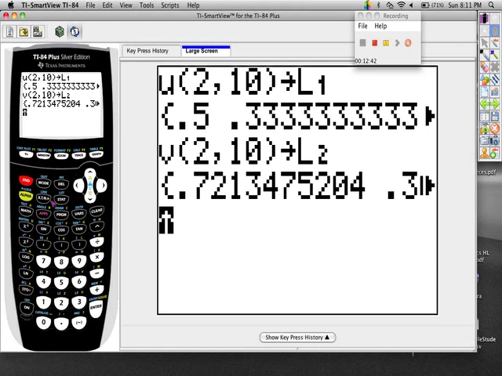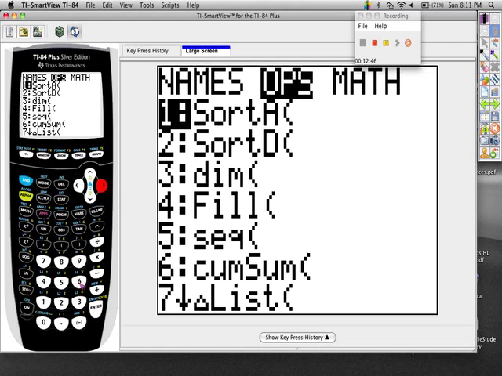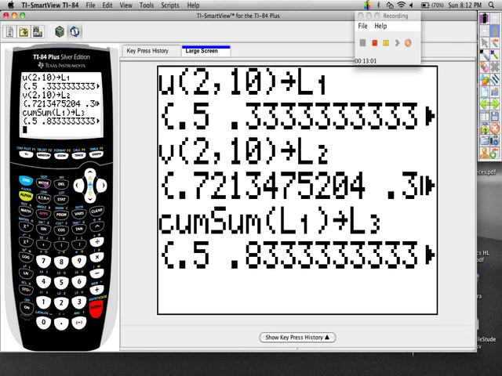I can go into my list feature over to ops, and choice 6 is the cumulative sum. And I want the cumulative sum for list 1, and I'm going to store that into list 3, because I'm going to look at these terms. And then I'm taking the same thing, I'm going to do the cumulative sum with my list 2.